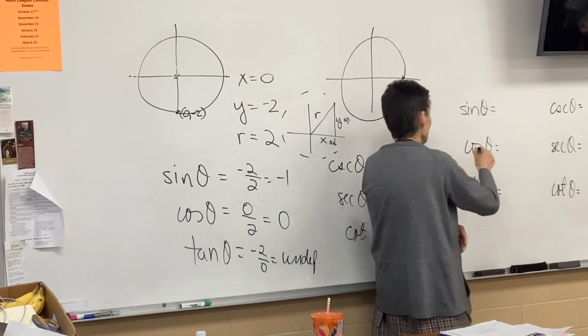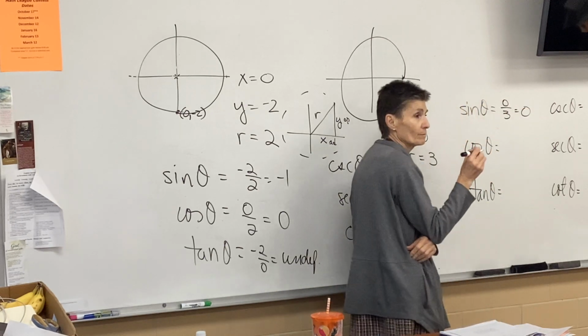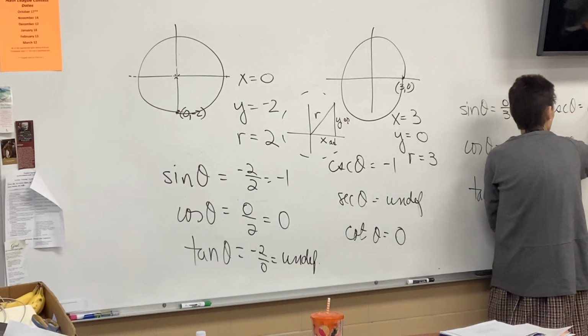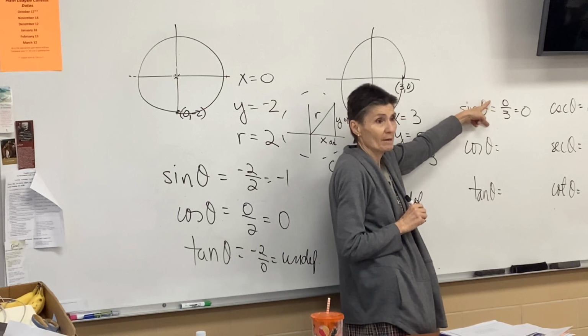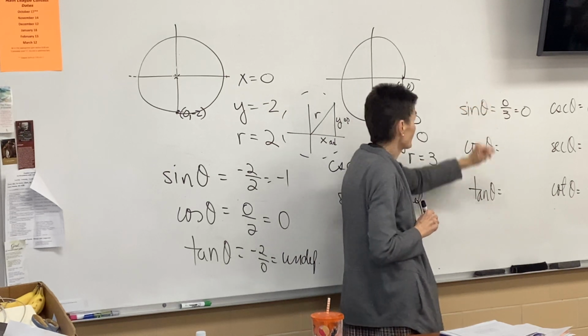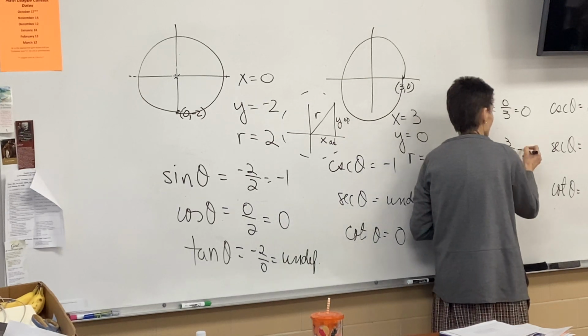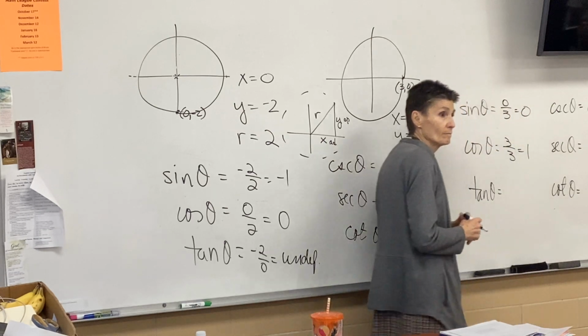Your sine, I hope you got 0 over 3, which is 0, which is going to make your cosecant undefined, because when you flip that, the 0 becomes the bottom. Cosine, did you get 1? Which means your secant is also 1.